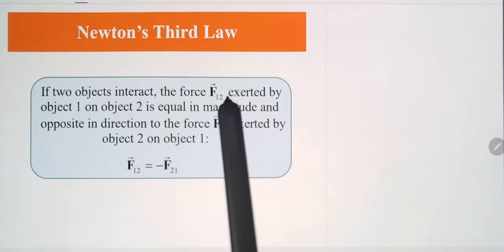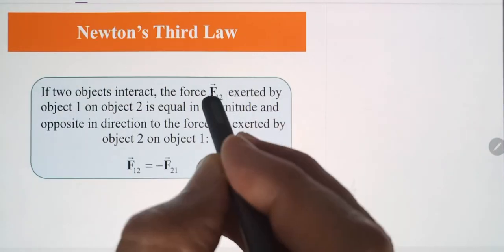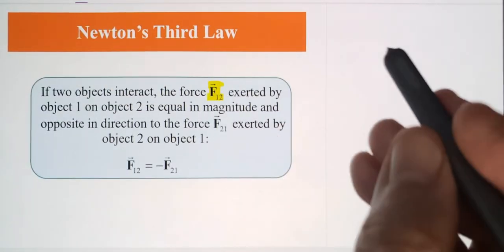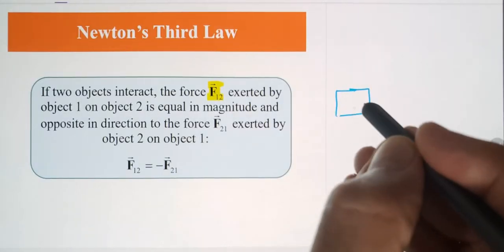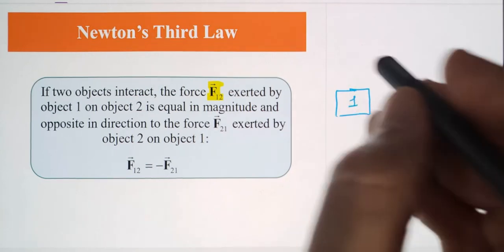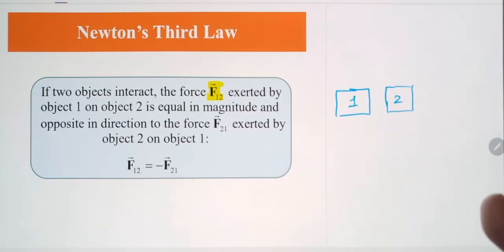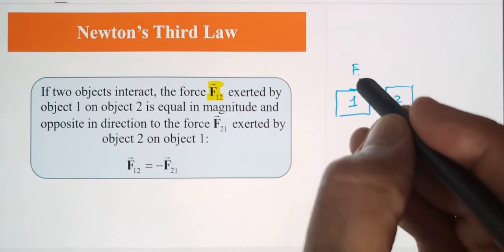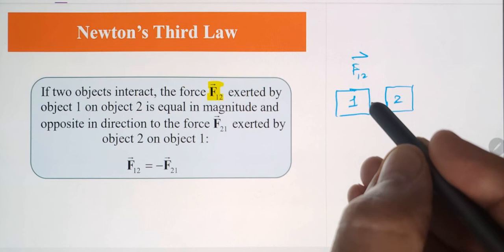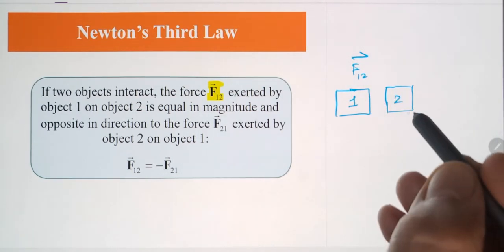What's the meaning of F12? So I have an object that is 1, and I have an object that is 2. So F12 is the force applied by object 1 on object 2. That's the meaning.